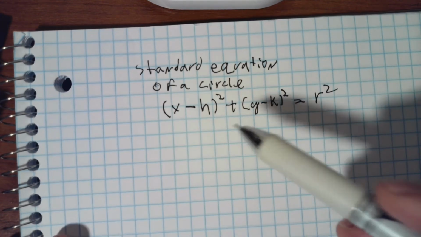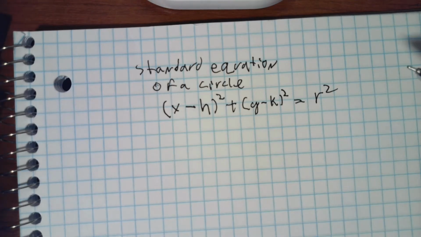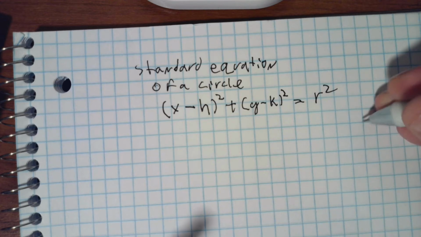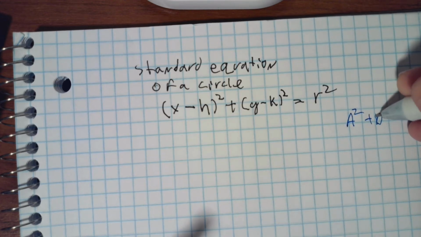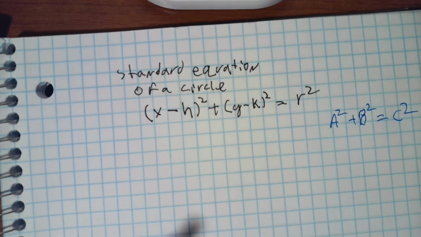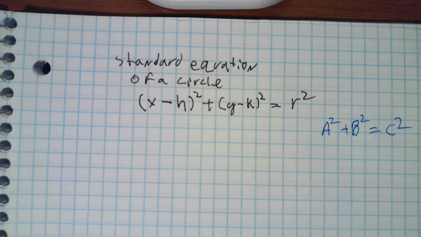The interesting thing about this particular equation is it almost looks like this. A squared plus b squared equals c squared. Okay. That's the interesting thing. So it's almost like the Pythagorean theorem can be used for a circle, to help the circle.